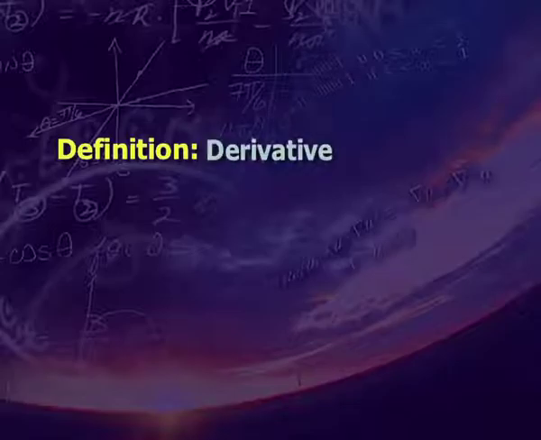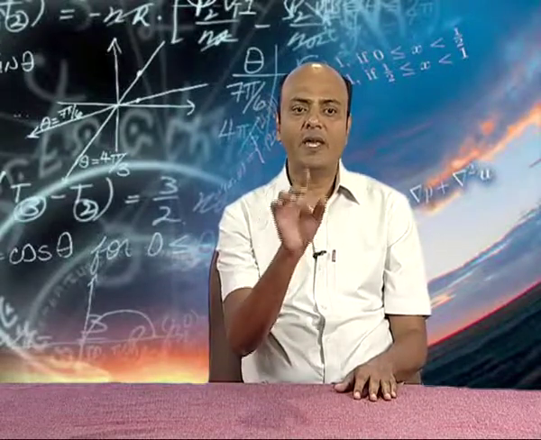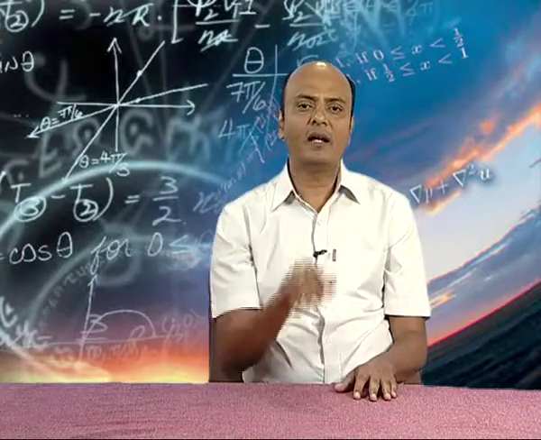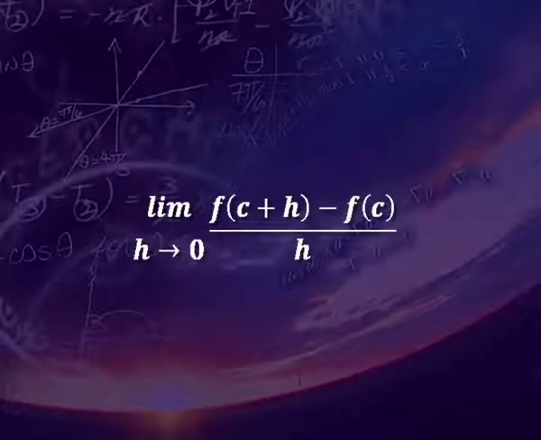We now give the formal definition of derivative. Definition: derivative. Let f(t) be a real valued function defined on some subset D of R. We say that f(t) is differentiable at the point c belonging to D if the domain set D contains an open interval containing the point c, and the limit of (f(c+h) - f(c))/h as h goes to 0 exists.